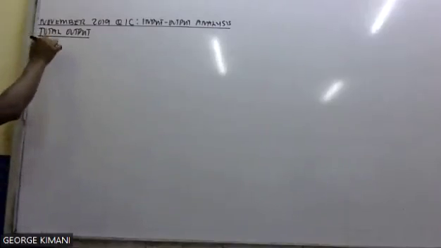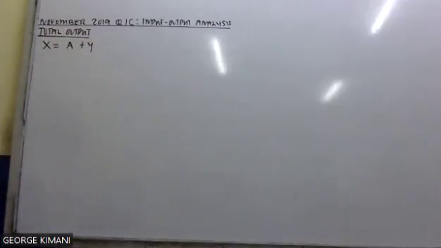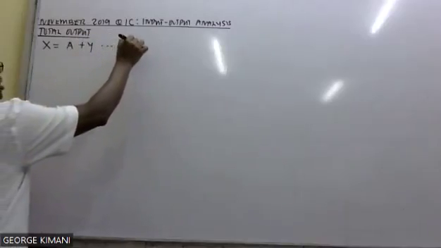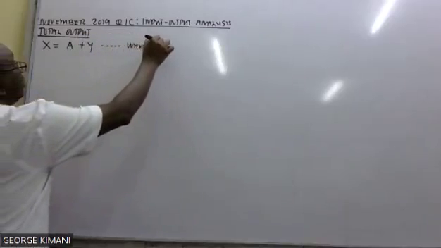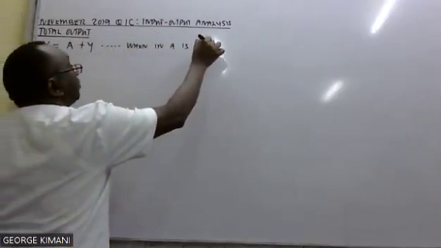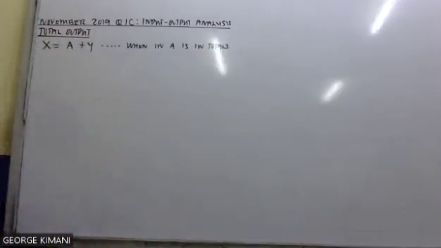The first one is X equals A plus Y. We use it when A is in totals, or whole numbers.